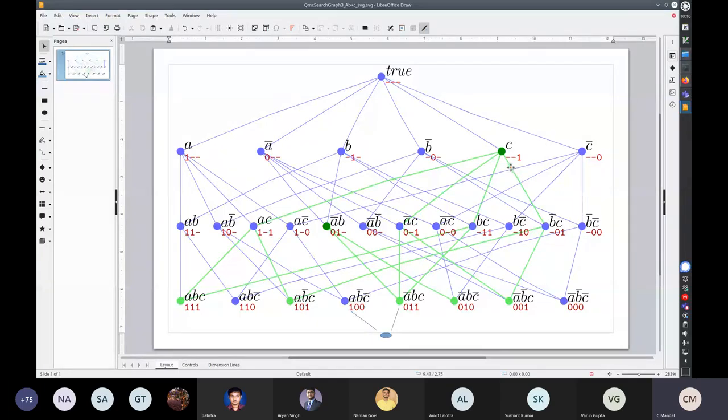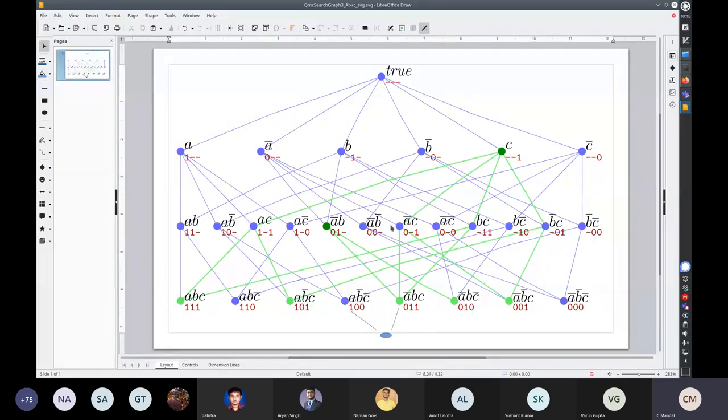For example, you can create C from AC and A bar C. Sorry, I made a mistake.